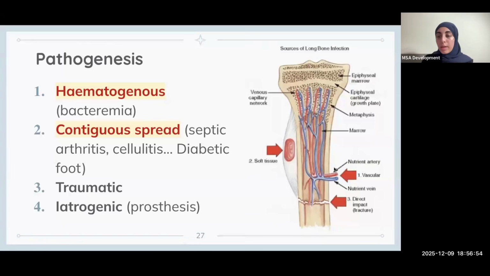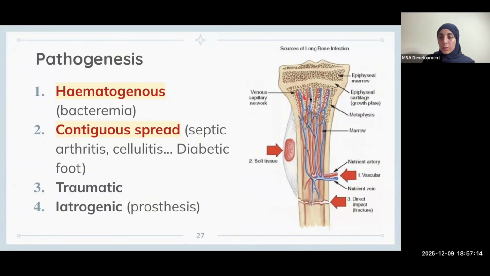For hematogenous, I'll just emphasize one thing. If you see these vessels, the nutrient artery and vein, these are the ones feeding the bone. They go into the bone and reach the end at the metaphysis, where you have the capillary bed. Notice these sharp loops, these U-turns.